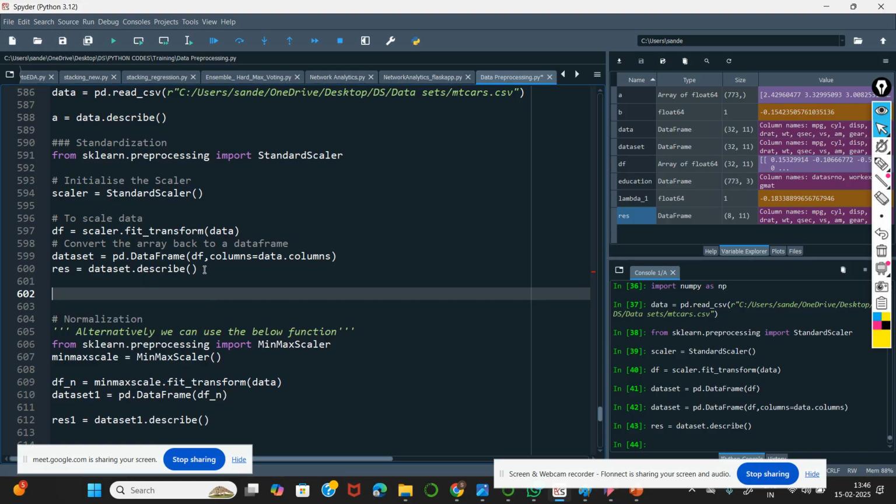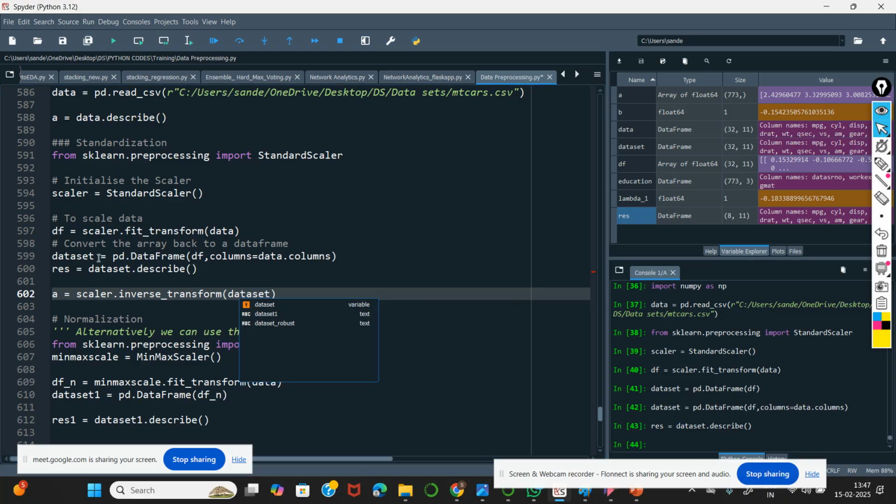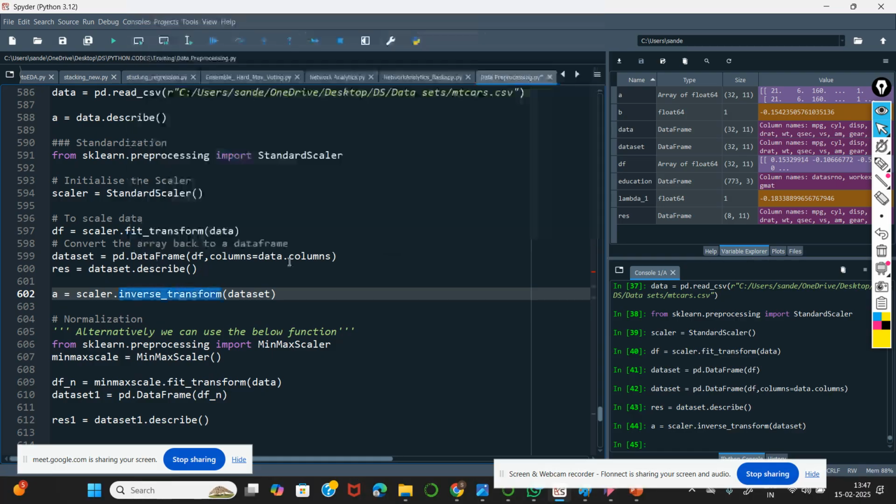Let me go for something called a... I will create one, and I will be using scaler dot inverse transform, and this is nothing but my data set. Fine, see here, let me see whether it's working or not. Yeah, it's working.